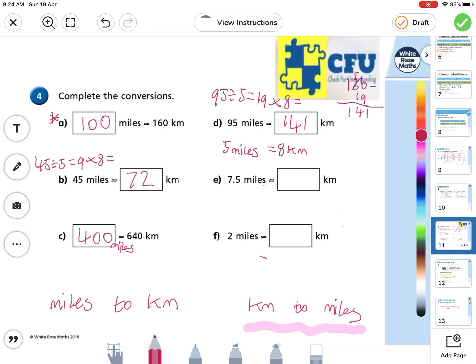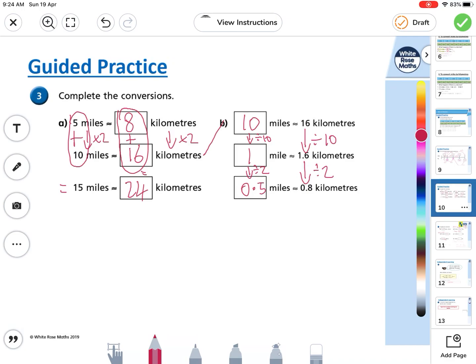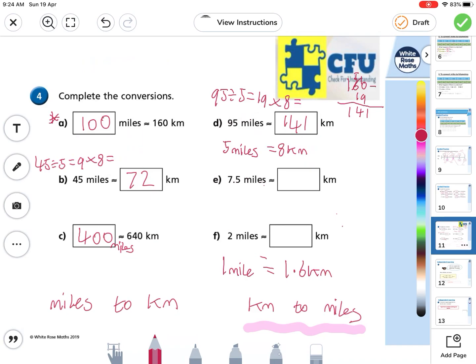But I can work out F, because I know that 1 mile is the same as 1.6 kilometres, because that's on the previous page here. So if I multiply this by 2, I know that this is 3.2 kilometres.